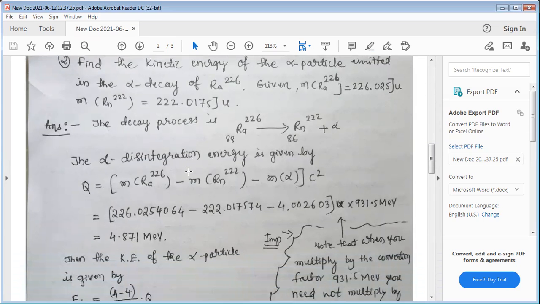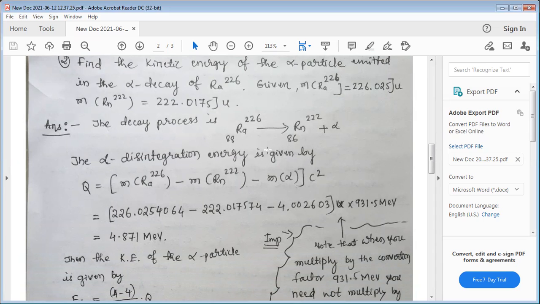The decay process is shown like this. This is the decay reaction. This is the parent nucleus, and this is the daughter or product nucleus, and the alpha particle is emitted.